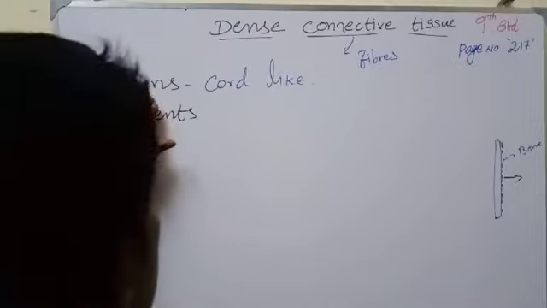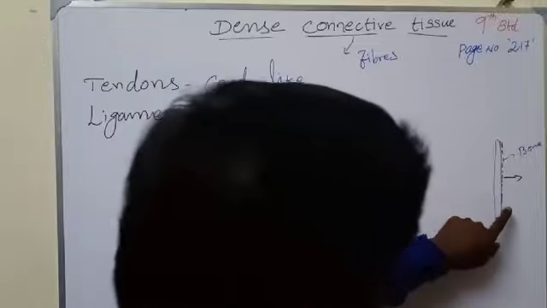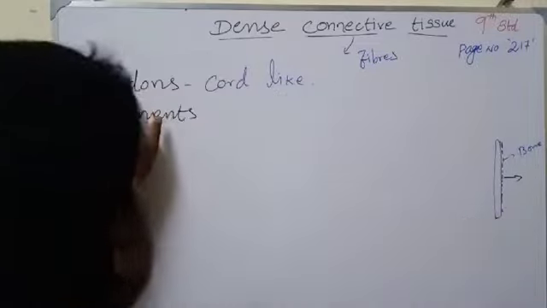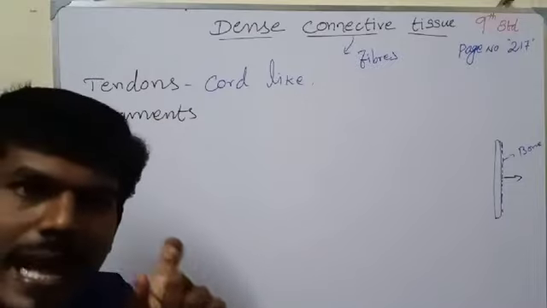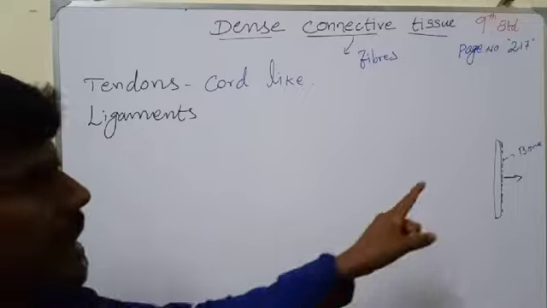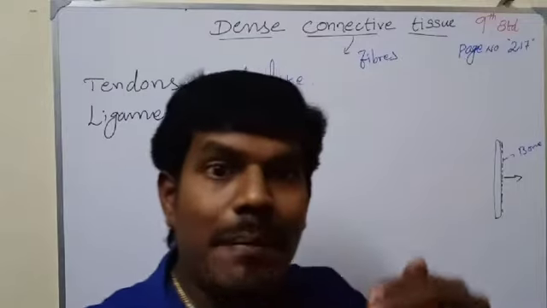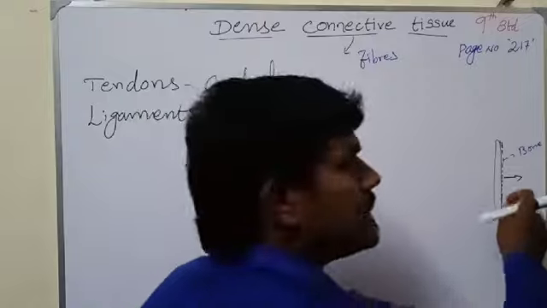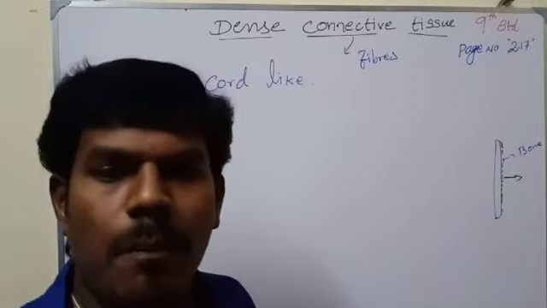So the tendons join skeletal muscles to the bone. They are tightly packed, strong structures with limited flexibility. They consist of parallel bundles of collagen.